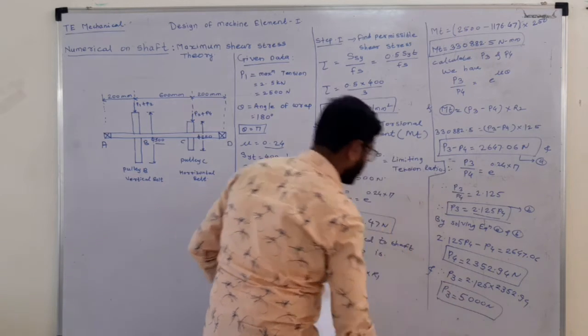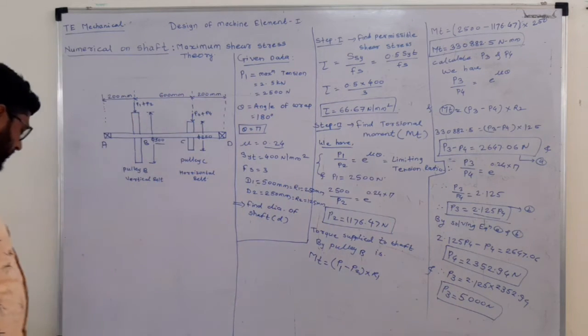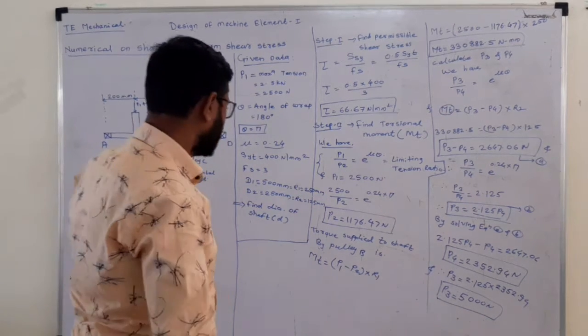By calculation we will get force P3 is equal to 5000 Newton.